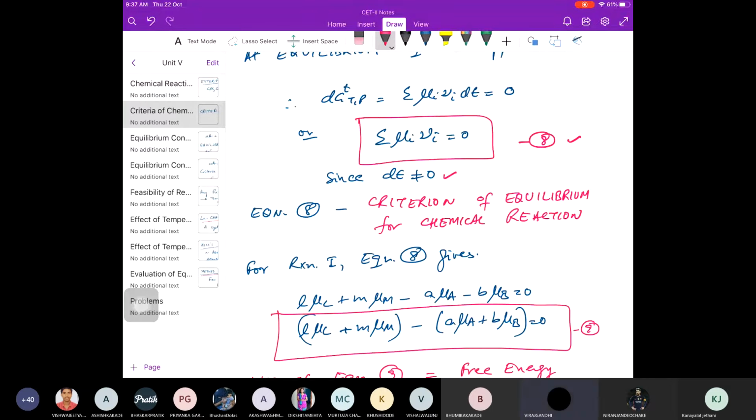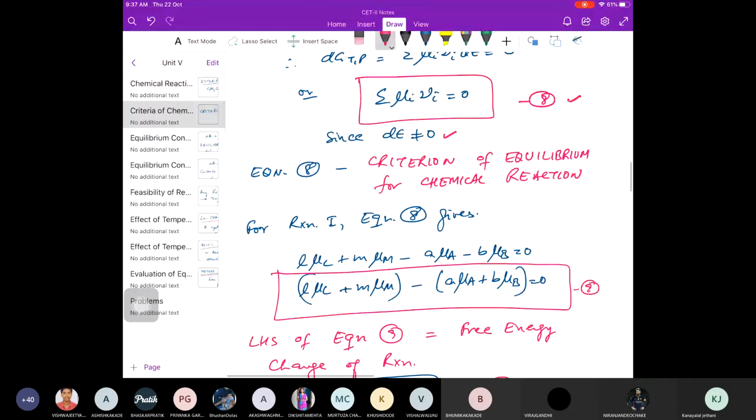Okay. So now if you use this equation 8 and write for reaction 1, we'll get what? L into mu L for a product, plus M into mu M for product M, minus A into mu A for the reactant, minus B into mu B, is equal to 0.